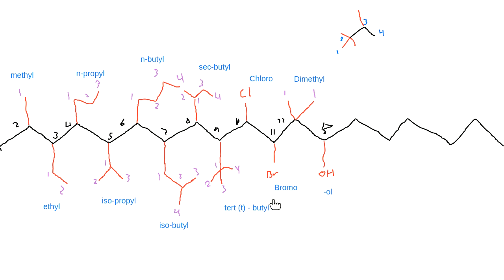Someone asked, can you please explain what sec and tert are? Okay. So I mentioned on the previous page that sec means secondary. So if you see here, at my first carbon, the remaining carbons are split into 2 different directions at the very beginning.